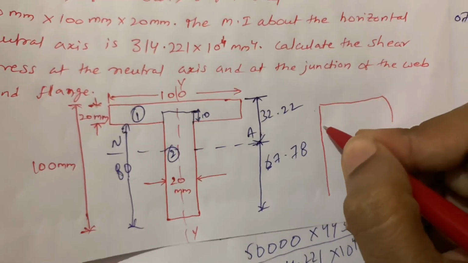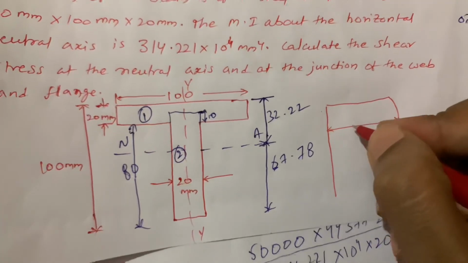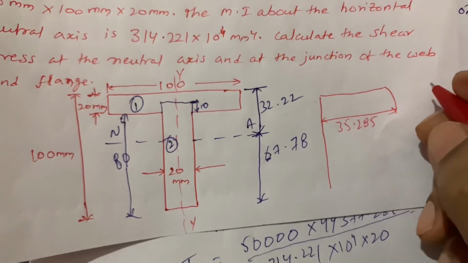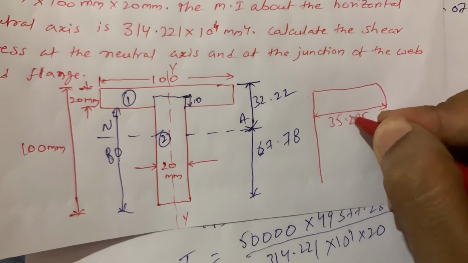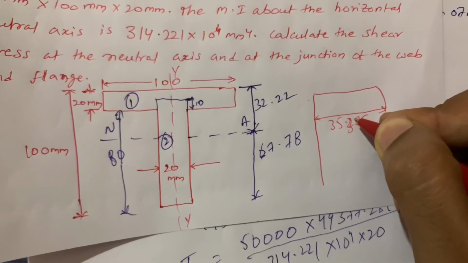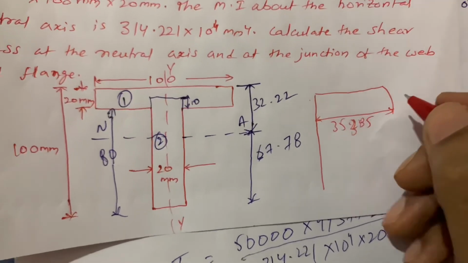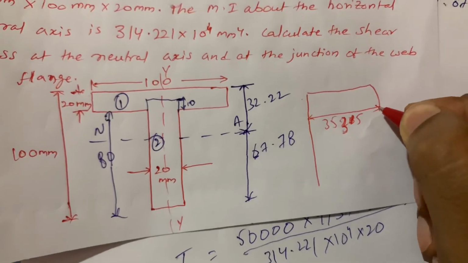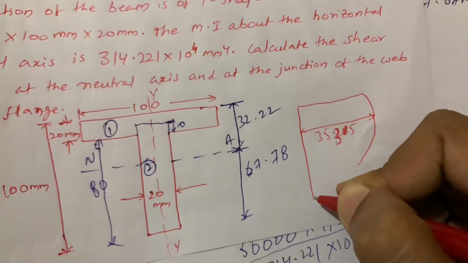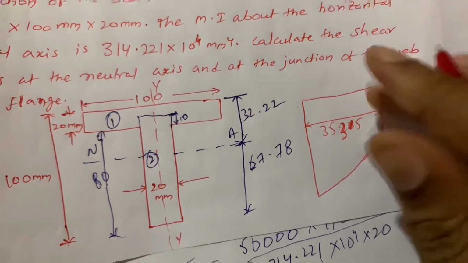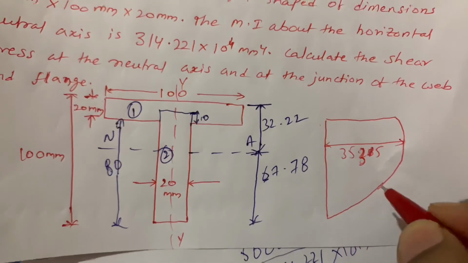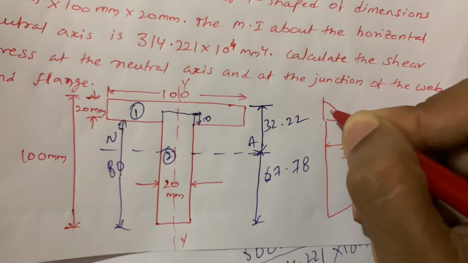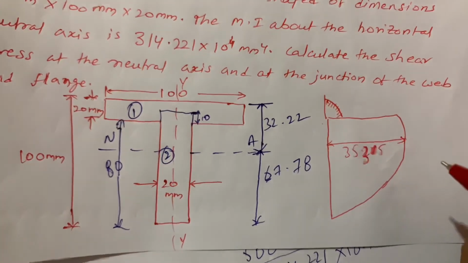We got 35.35, sorry, yes, 35.35, not 385. It will increase suddenly. So from here to here we join this one, and here I told that it will increase suddenly in the junction portion.